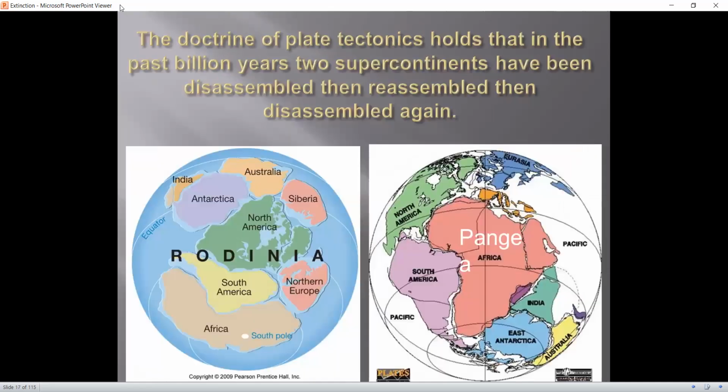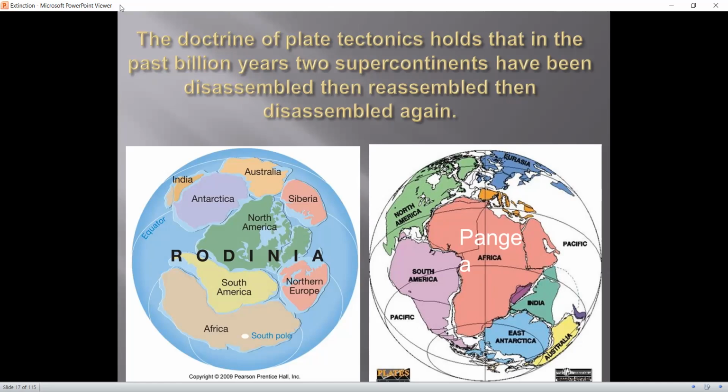All right, if we go to plate tectonics, or if you wish, continental drift. The continental drift or plate tectonics dogma says that if you go back over 1 billion years ago, you start out in a supercontinent, which we call Rodinia, which is an old name for Russia. And then later this thing comes apart and goes back together again.